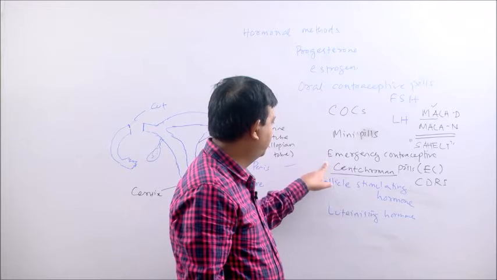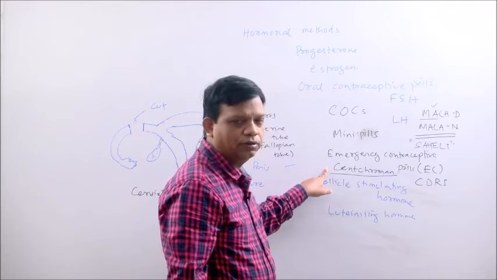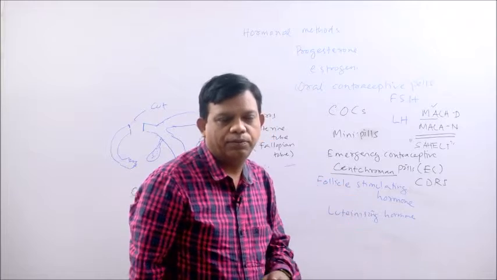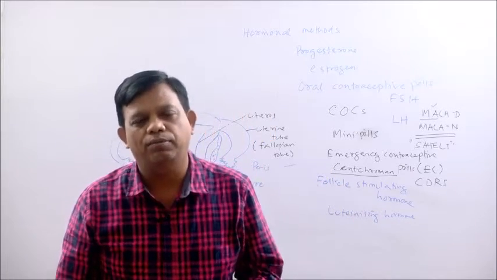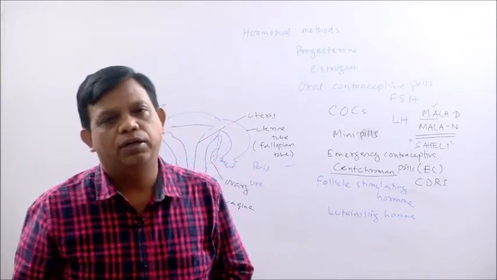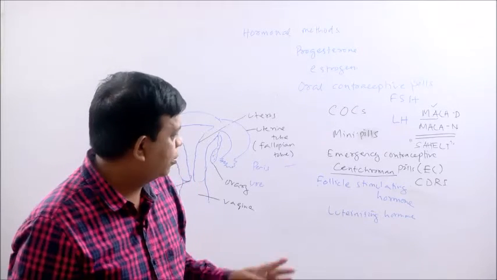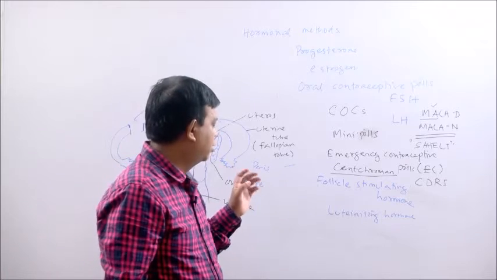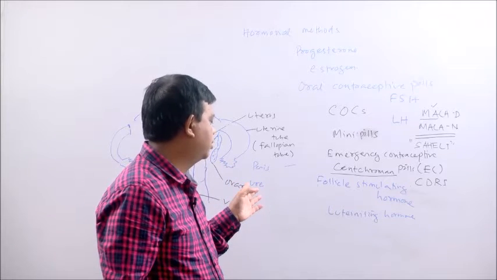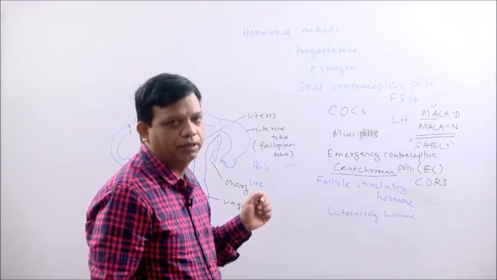For example, if during sexual intercourse a condom is used, and if that condom ruptures, then there will be release of sperms in the female genital tract and there is a chance of conception. To avoid conception, these pills can be used. These pills can be used by rape victims.